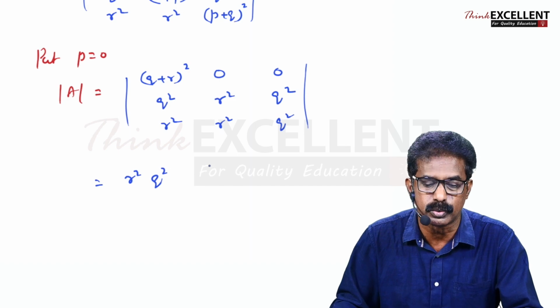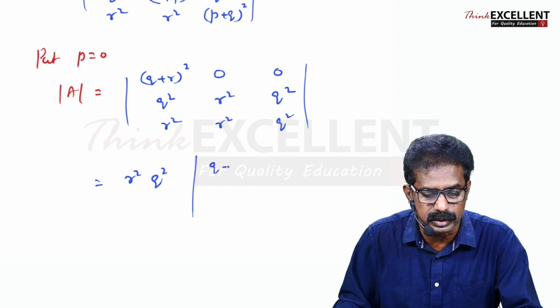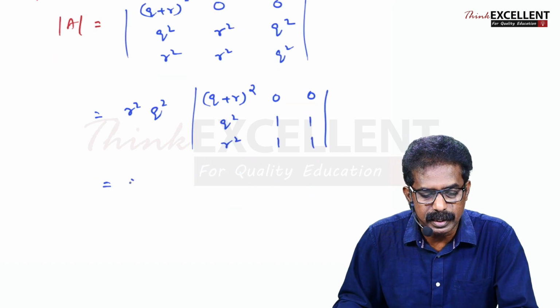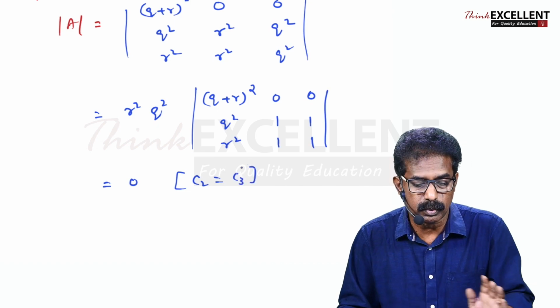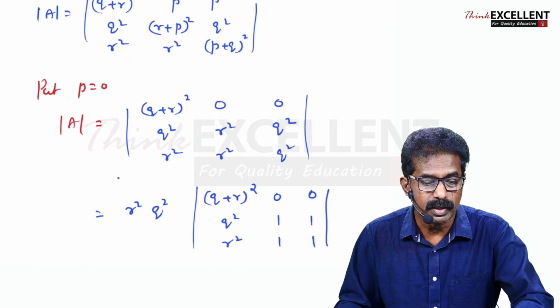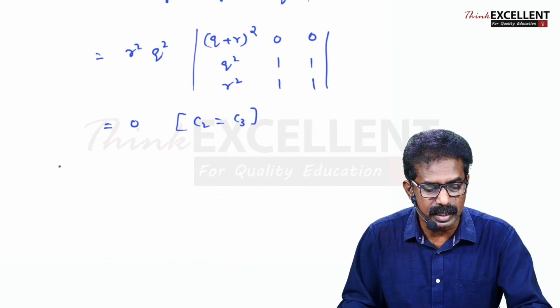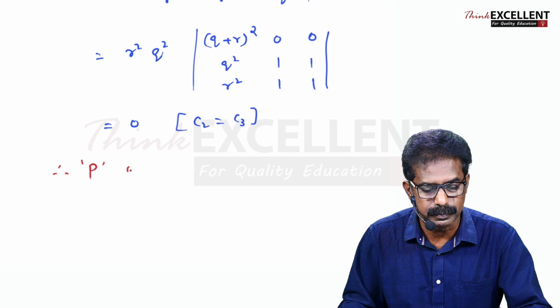Third column, Q square is common. First column, write as it is: Q plus R the whole square, Q square, R square; 0, 1, 1; again 0, 1, 1. So two columns are identical, C2 equal to C3. So the value becomes 0. When you put P equal to 0, the determinant is 0. So you can say therefore P is a factor.